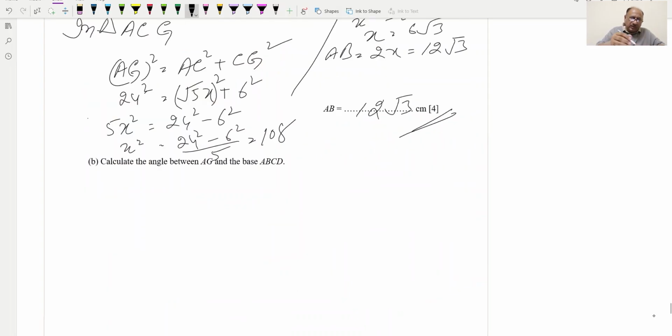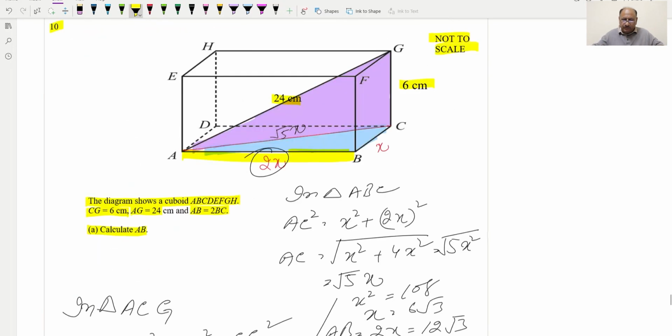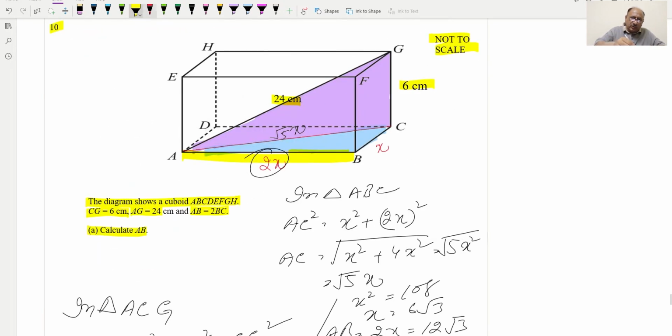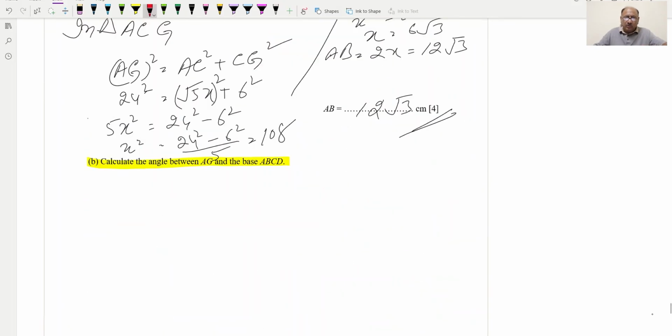Now they are saying calculate the angle between AG and the base ABCD. So an angle is required. Which angle is required? This angle is required, and we have the opposite, and we have the hypotenuse also. 6 and 24 will be used, so that will be sine of theta, 6 over 24.